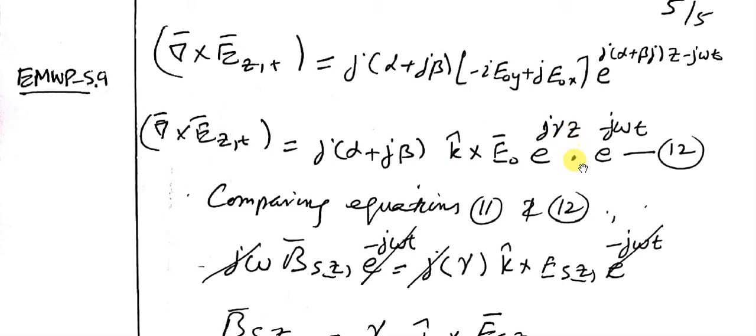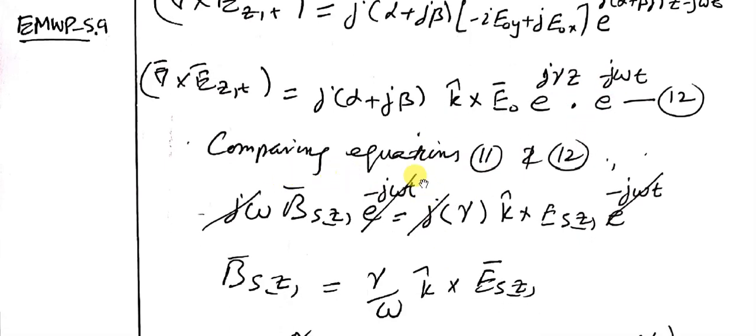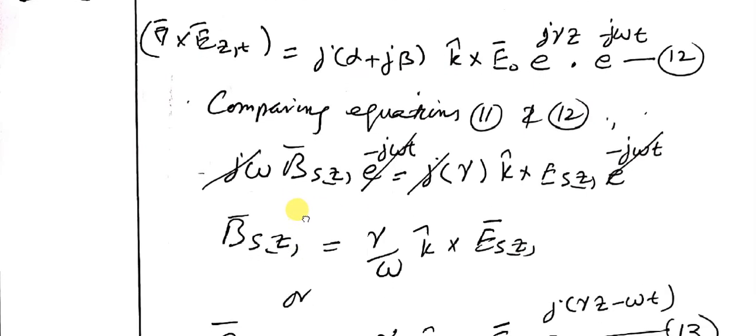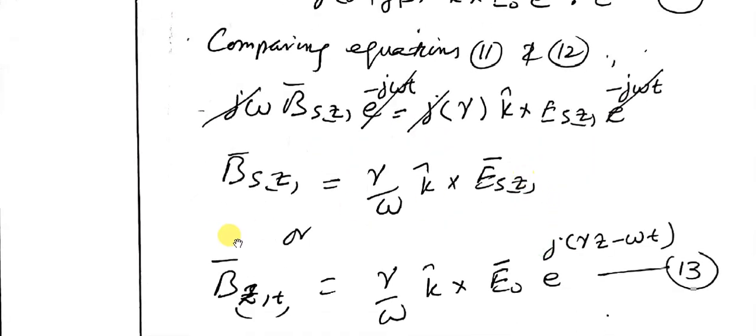So comparing equations 11 and 12 and putting these values, some terms are cancelled out: j is cancelled out, e to the power minus j omega t is cancelled out. We are now left with the solution of B, which is B of z equal to gamma by omega k cross E naught e to the power j gamma z. This is the space part.